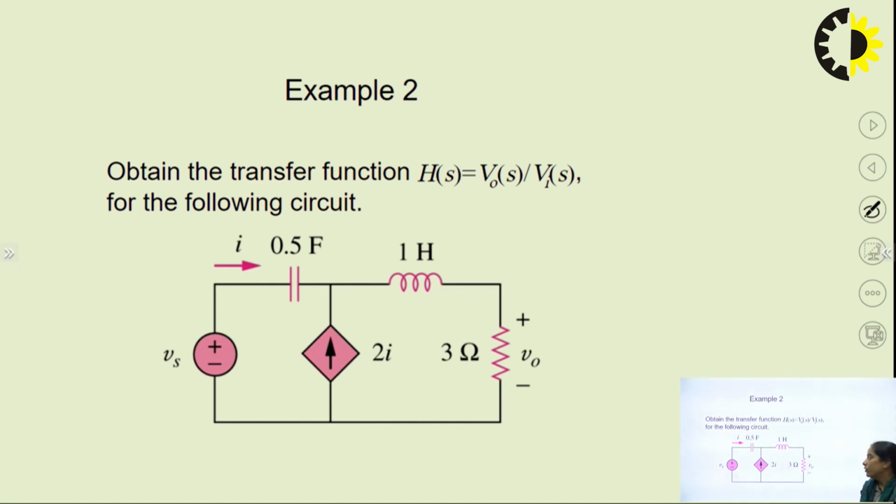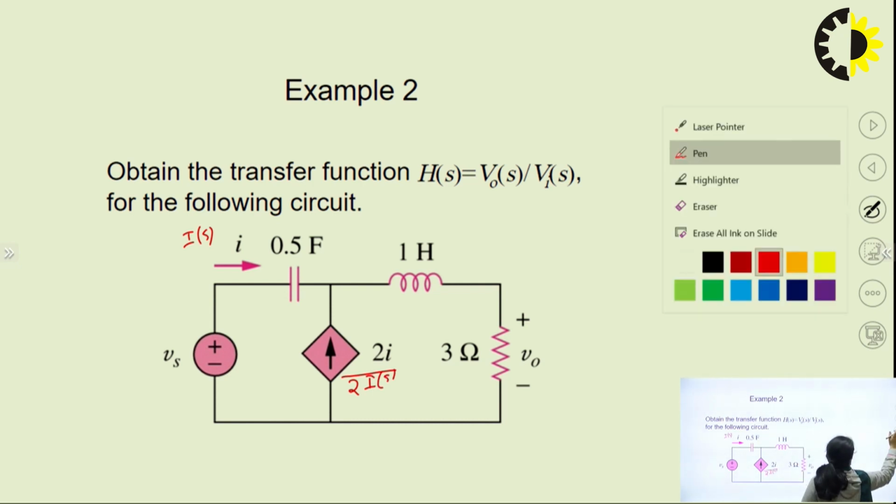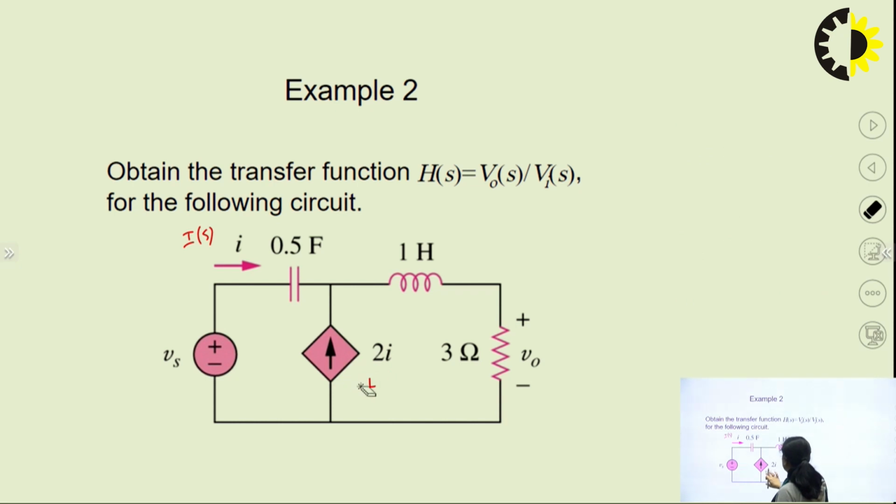Suppose what we are seeing here, this dependent current source is depending on current I. So when we transform this circuit into S domain, suppose the Laplace transform of this is Is. So we will write 2 into Is for this dependent current source.